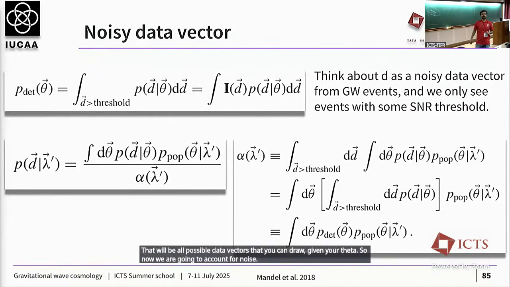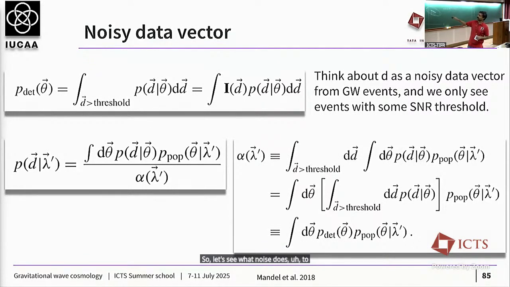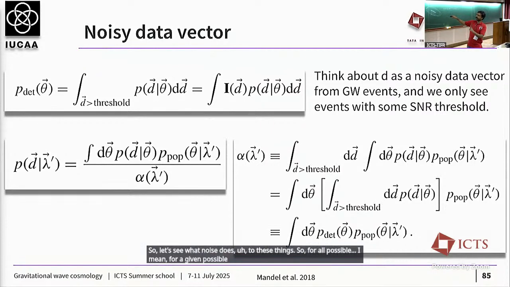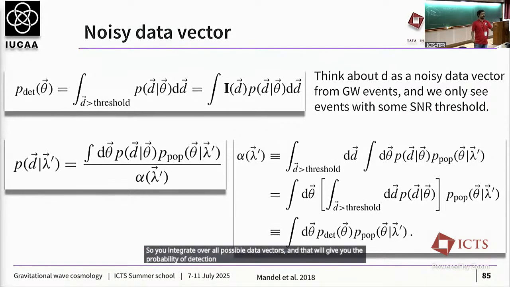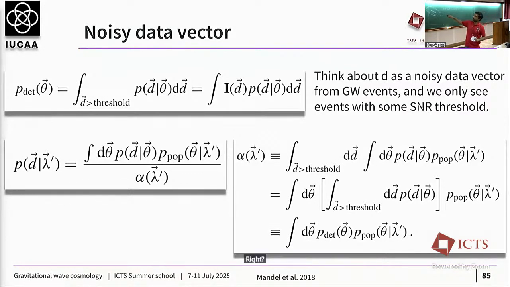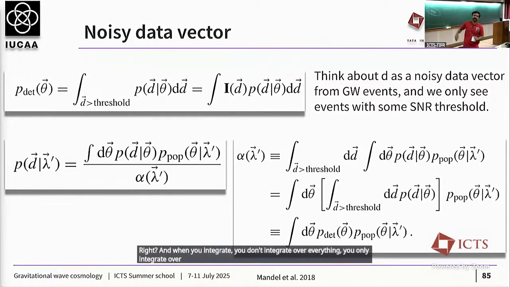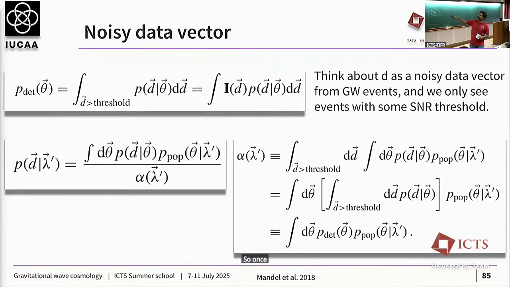For a given value of theta, there may be different data vectors that you draw given the noise realizations. So you integrate over all possible data vectors, and that gives you the probability of detection at a given theta. And when you integrate, you only integrate over events which cross your threshold. Once you do that, you can get the detection probability.